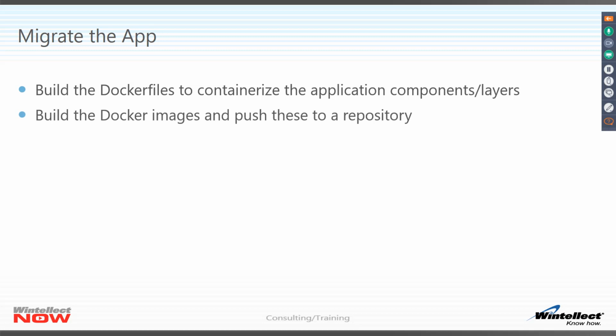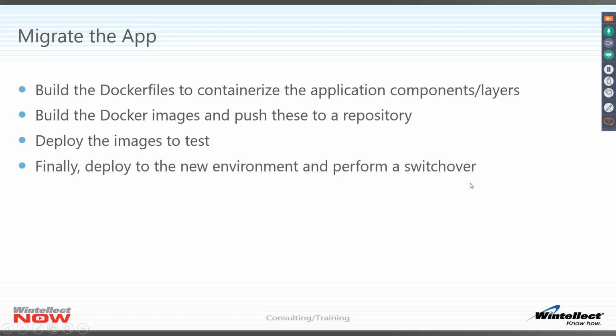You build the images and push those to a repository, then you deploy the images to a test, and finally deploy those to a new environment, and you perform a switchover. So this process is a very typical Docker type migration, where you build your Docker container, build your Docker images, push them to a repository, test them, and so on and so forth, and then you perform a switchover.